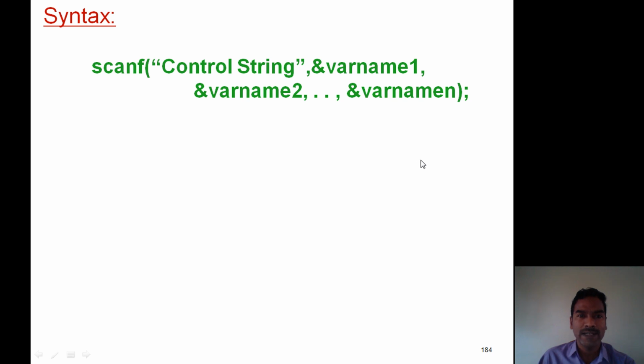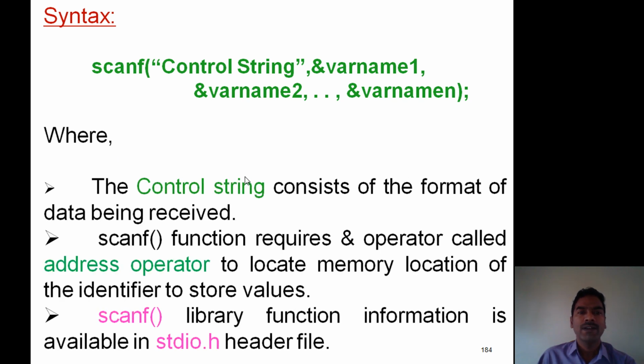Now the supporting terms. Here the control string consists of the format of the data being received. It is formed with the combination of a percentage symbol followed by the conversion character of every data type. So we have different types of control strings like %c, %d, %f, and so on.